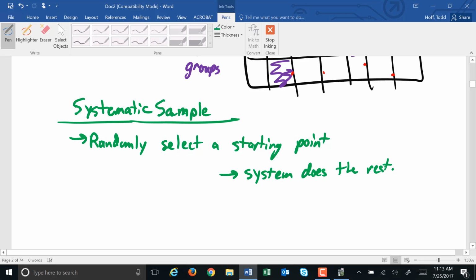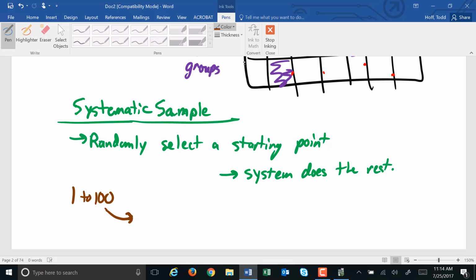So let's say that in a manufacturing setting, you need to test every 100th part that comes off the line. Well, to make it random, what you're going to do is at the beginning of your shift, you're going to select a number 1 to 100. And let's say that number might be 47.